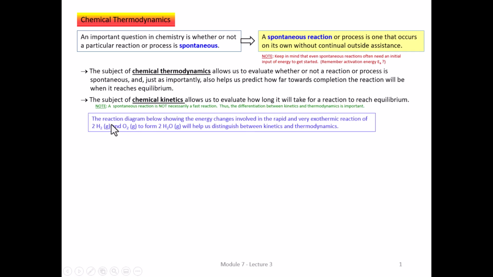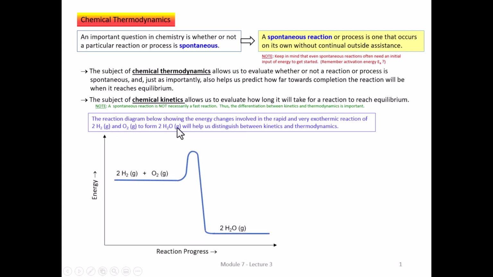Now, below is a diagram showing the energy changes involved in the rapid and very exothermic reaction of hydrogen and oxygen to form water, one that we put a link to a video on in a previous lecture. And this can help us distinguish between reaction kinetics and thermodynamics.